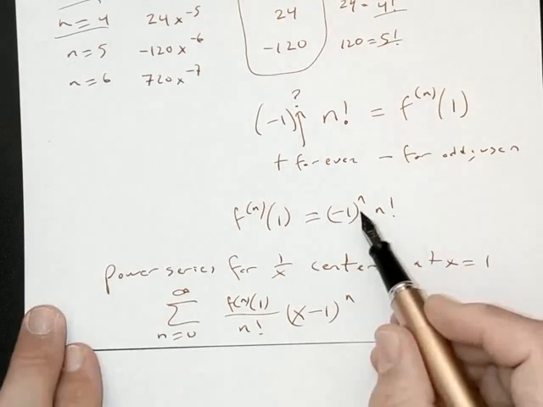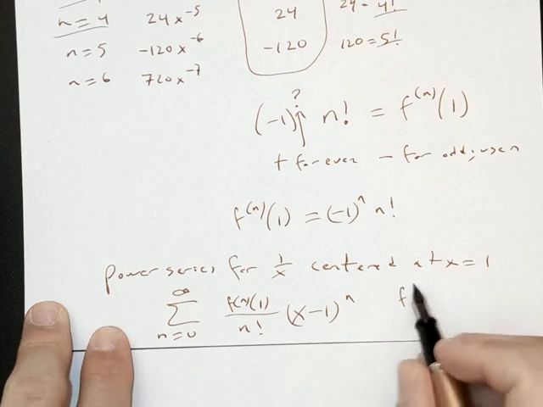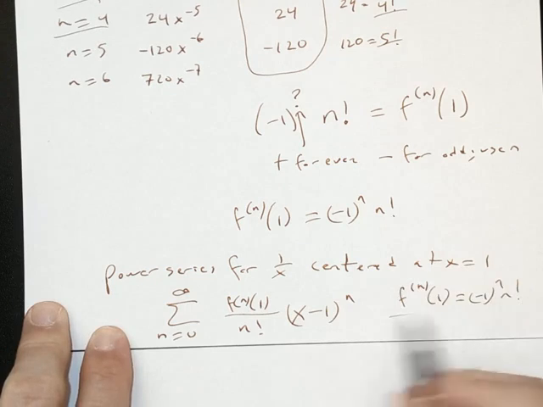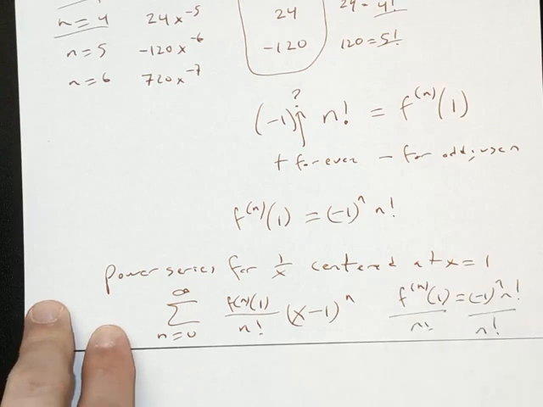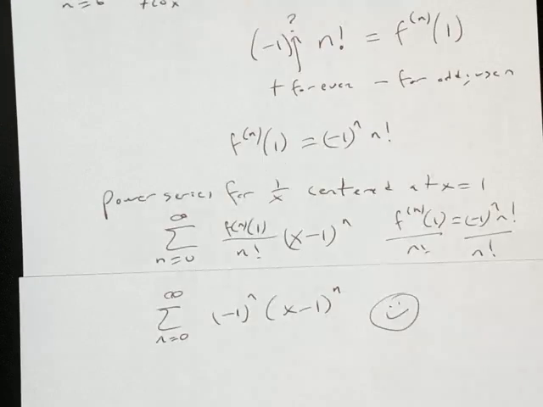I'm going to take this formula and put it in here. So what happens when I divide by n factorial? And so my power series becomes the sum of minus 1 to the n, x minus 1 to the n. I just found a way to write 1 over x without ever using division.